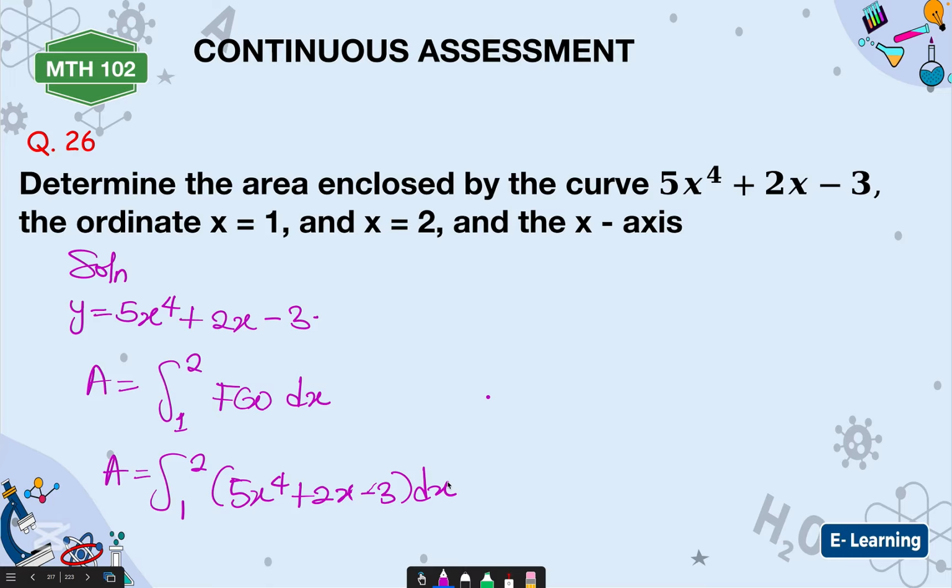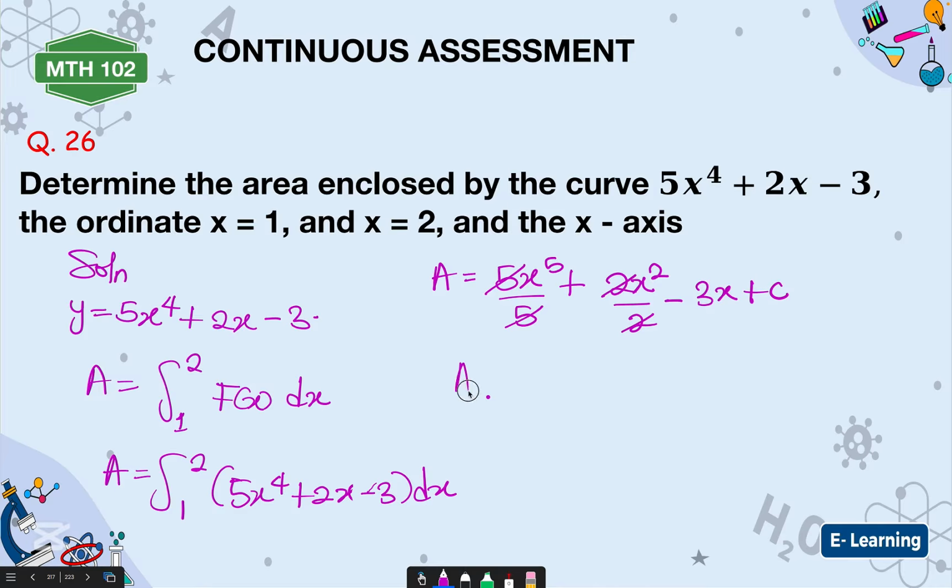So if you want to solve something like this, you add 1 to the power and then divide by what you added. To integrate this, 5x^4, add 1 to the power, it gives us 5, divided by 5, plus 2x, add 1 to the power, it gives us 2, divided by 2, minus 3x plus c. So this will cancel, this will cancel.